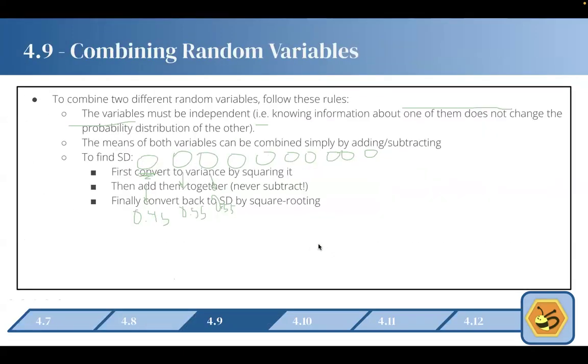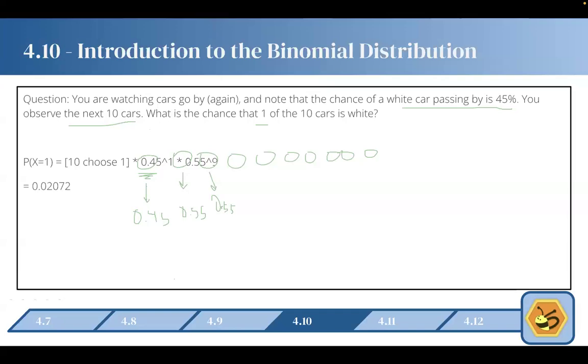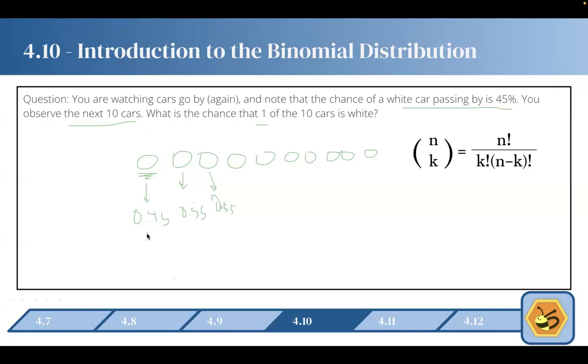So we multiply all of them together: 0.45 times 0.55 times 0.55 times 0.55, and so on and so forth. That leads us to one instance of how this could have worked out.